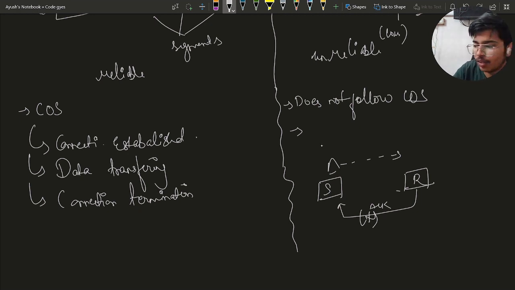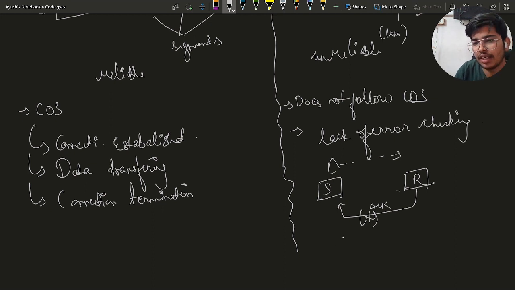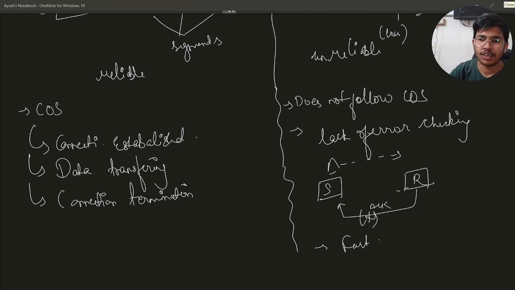So here is the lack of error checking, and UDP is fast as compared to TCP. Because here there is no checking of whether the data is correct or not, or whether the data is 100% sent or not.